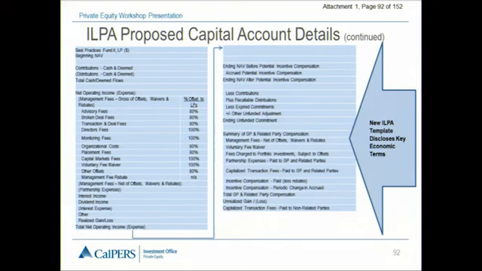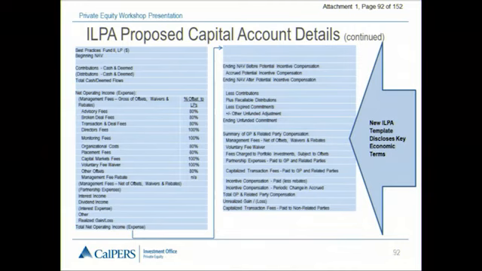It includes things like fees for group purchasing agencies that the general partner might have an economic interest in. What we're doing at CalPERS and alongside ILPA is we're trying to get as much disclosure into this proposal as possible, and we're hoping that the general partner community will adopt it.